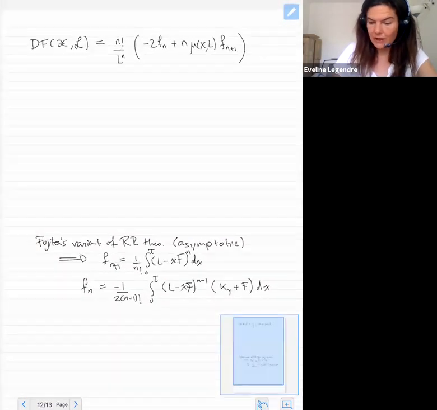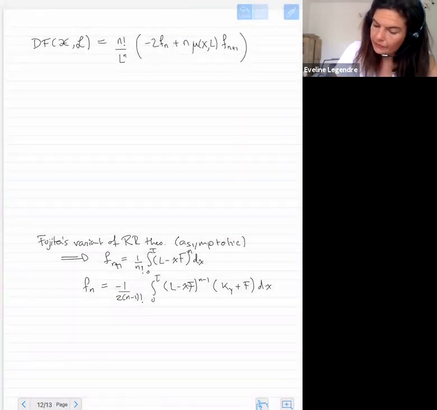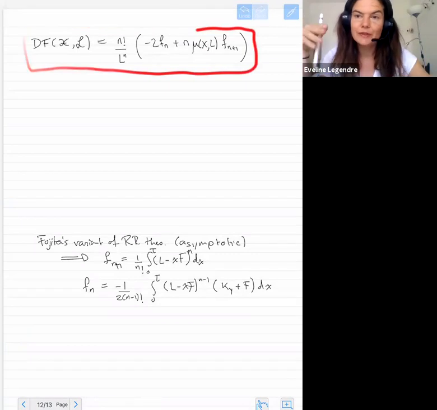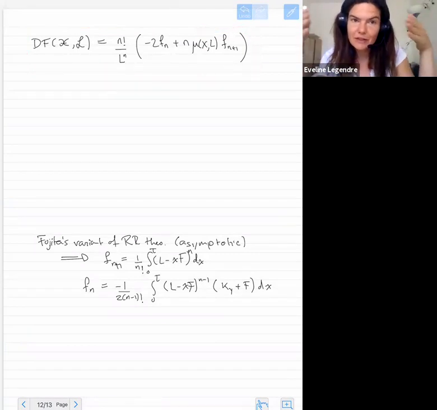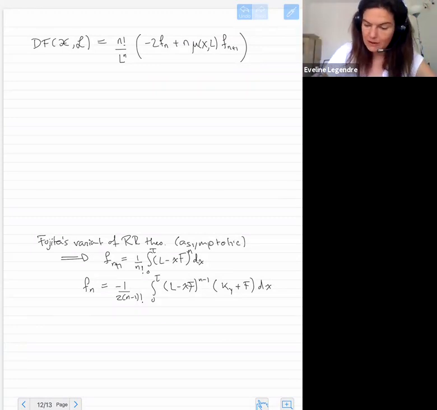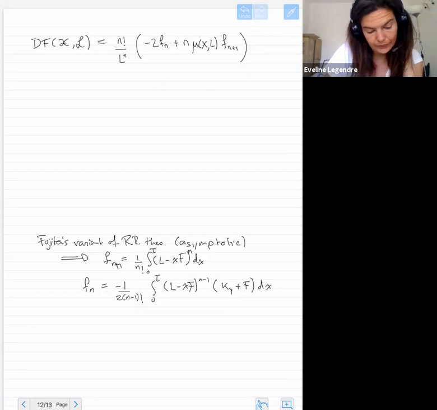What one can prove is that the Donaldson-Futaki invariant of the test configuration that we have out of the divisorial valuation can be expressed with respect to these coefficients F_n and F_{n+1}.